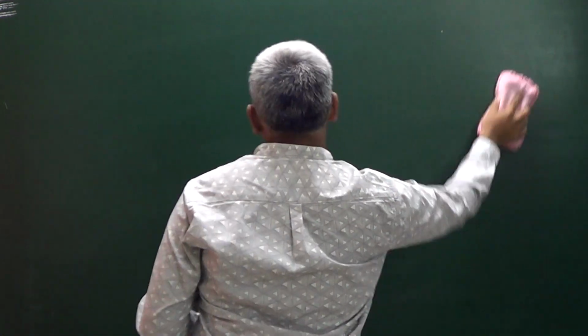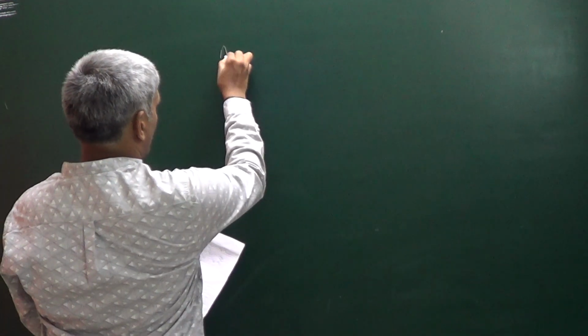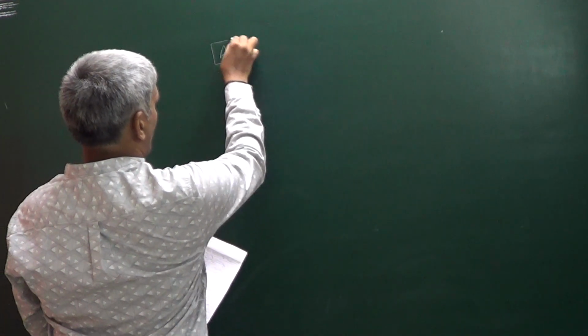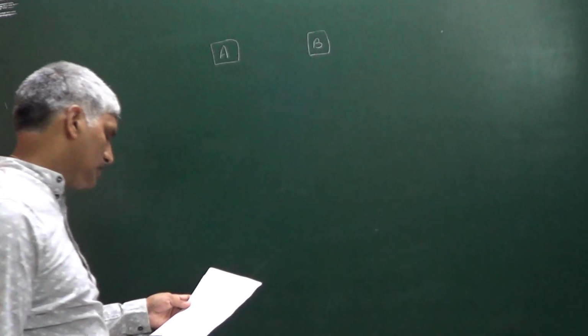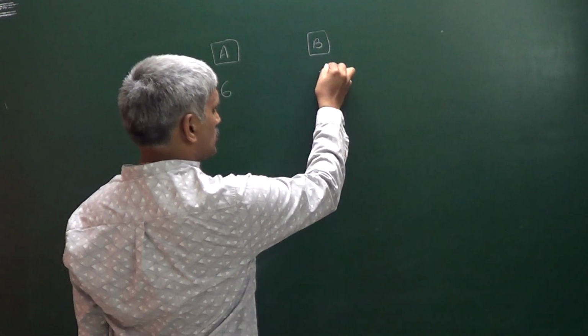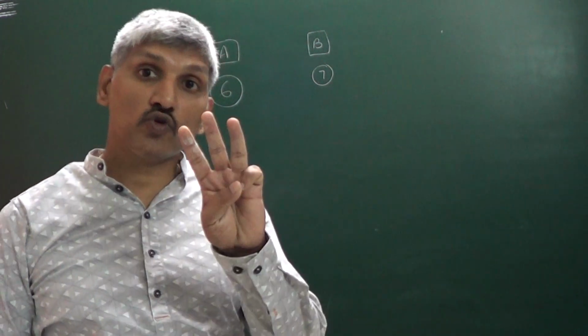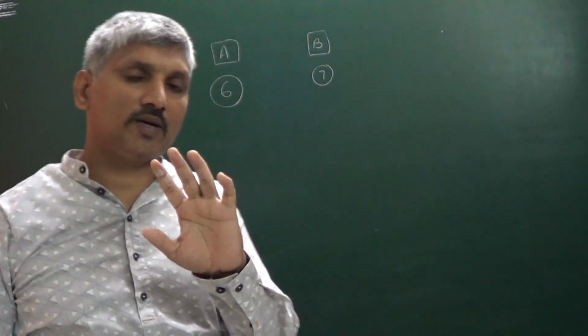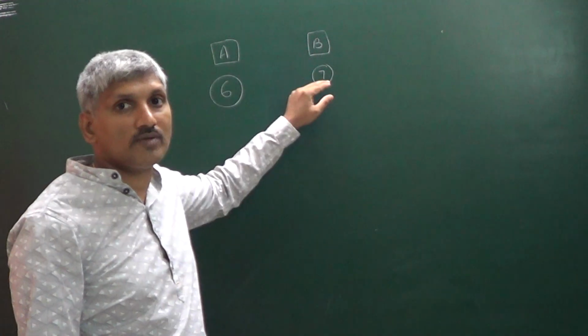A question paper consists of 2 sections, section A and section B. Section A consists of 6 questions, section B consists of 7 questions.